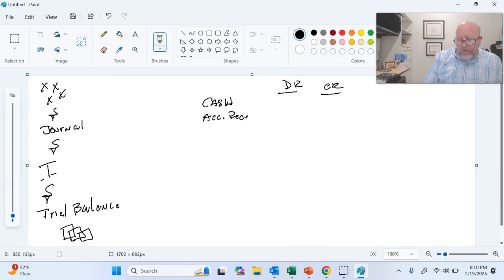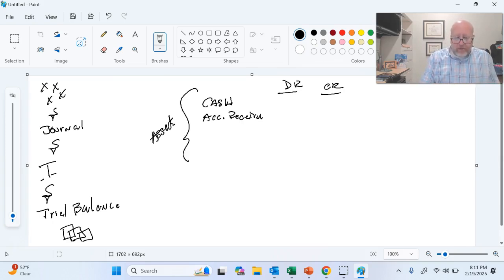We're going to start with all of the assets first. Then we will list the liabilities. In fact, I'll write it over here. And then we'll list the equities. The equities will be capital, common stock, and then revenue, expenses, dividends, right?